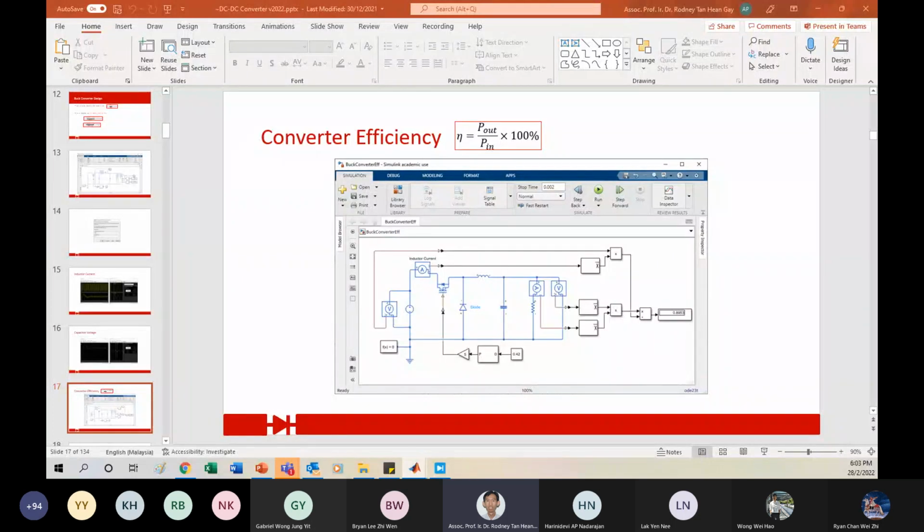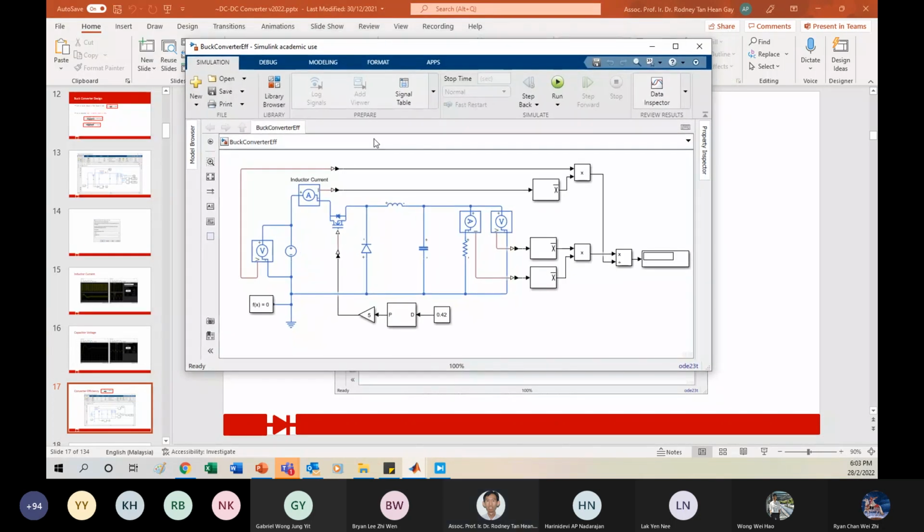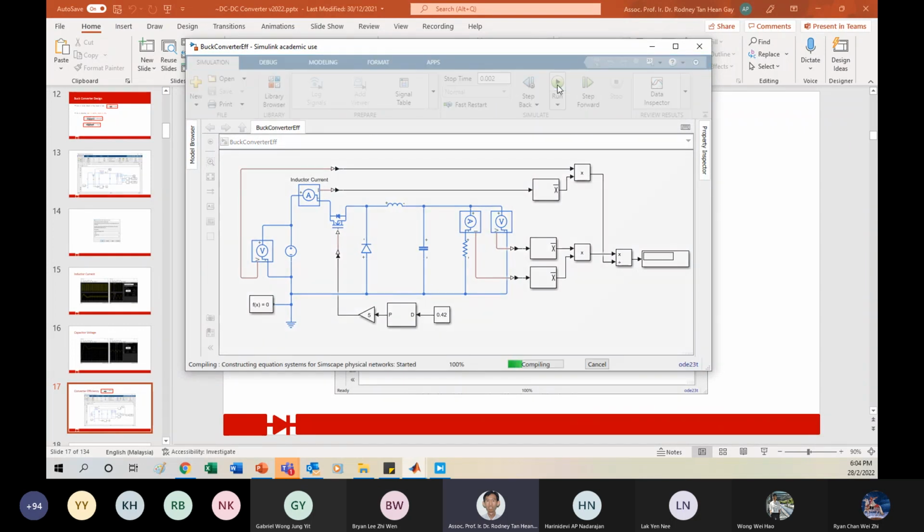I will do only this buck converter in detail for you all. The rest is the same when you apply it to boost converter and buck-boost. Okay, let me just try to run this one.